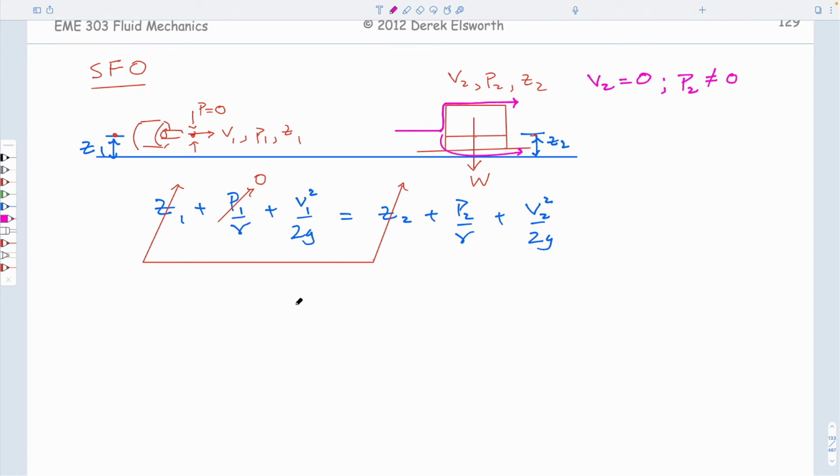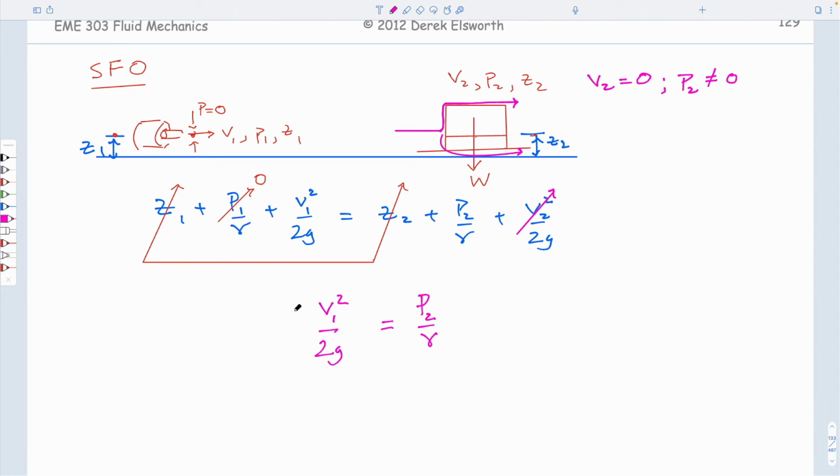And so we have an expression where this term here is 0. And so if we want to write it out, I guess we have an expression that is P2 over gamma is equal to V1 squared over 2g.